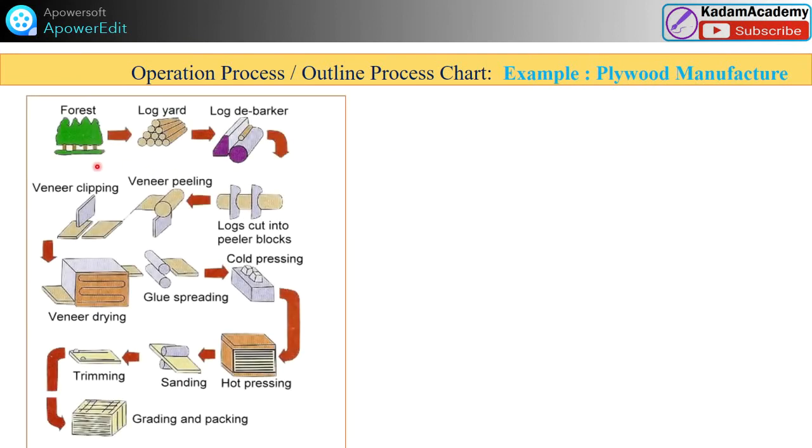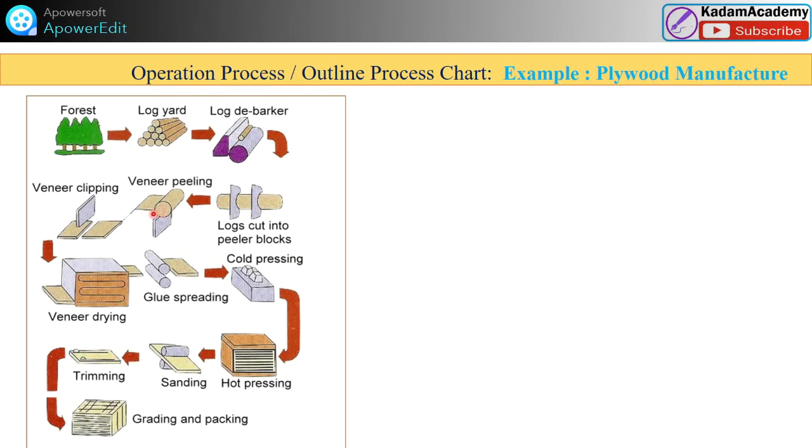One more example in process industry. So this is the process industry of what they are manufacturing. They are manufacturing plywood, from the forest wood. So these are the process: forest, log yard, log debarker. After this, logs are cut into pillar blocks, and after that, veneer peeling, small paper size.